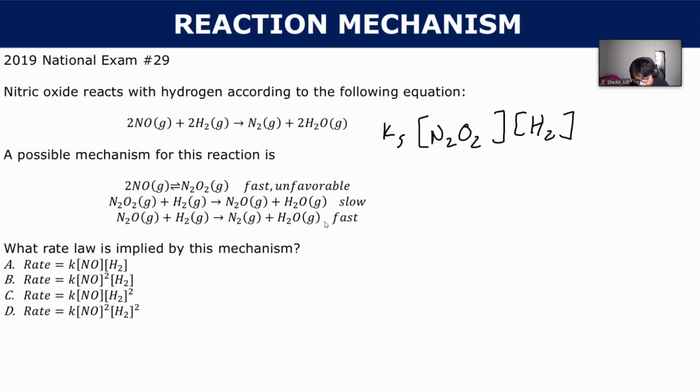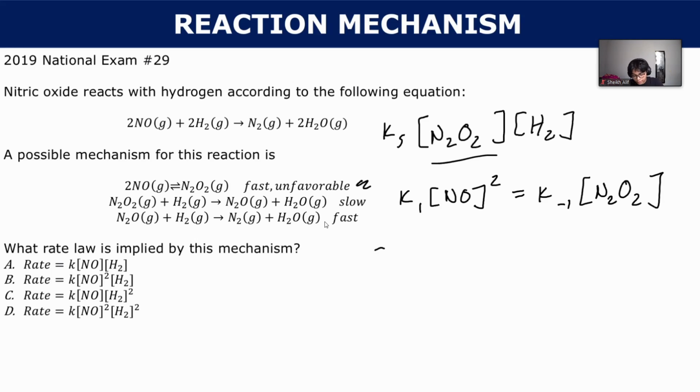But you'll notice that we have an intermediate here, the N2O2. And so what we can do is look at the fast equilibrium. The fast equilibrium tells us that the rate of the forward reaction, which is going to be K1 times NO squared, is going to equal the rate of the reverse reaction, which is going to be K minus 1 times N2O2.